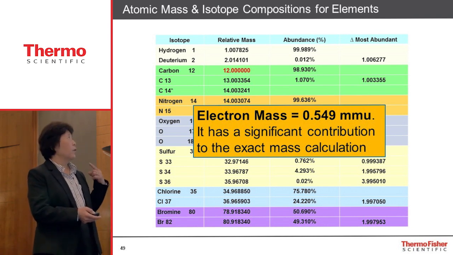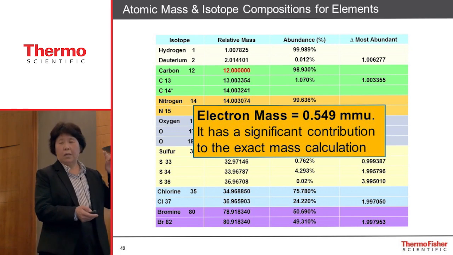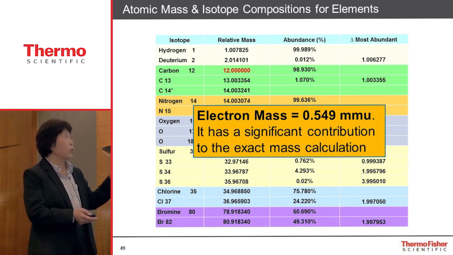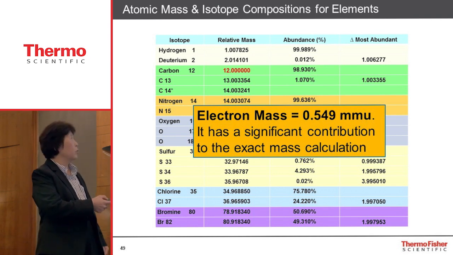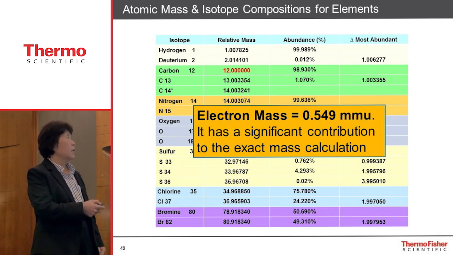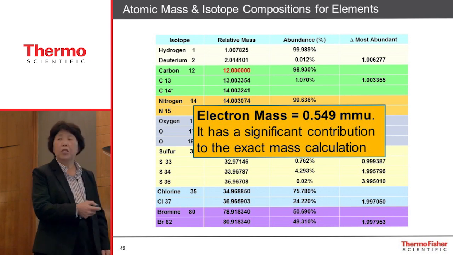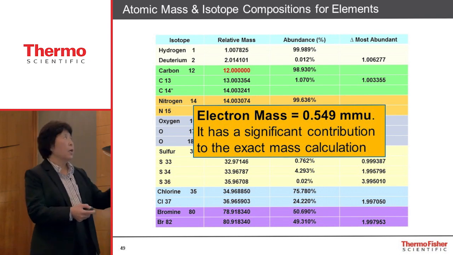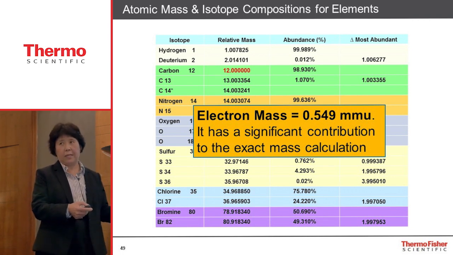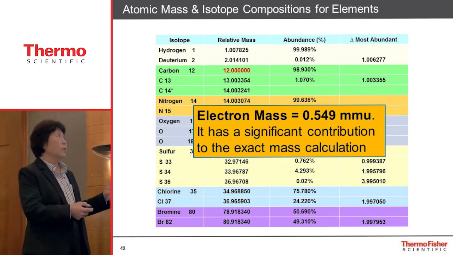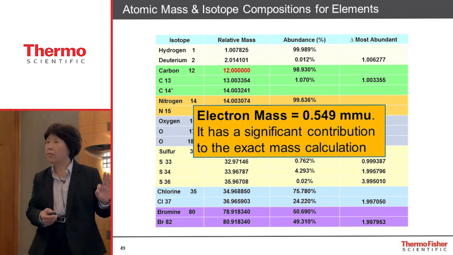One, they have a unique atomic weight, and how accurate depends on how many decimal points you want to use. Secondly, they have their unique relative abundance. Third, the mass difference to the most abundant is fixed. So these unique properties we call nature's fingerprint.